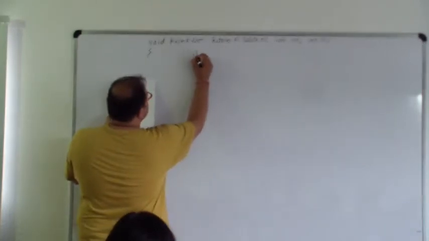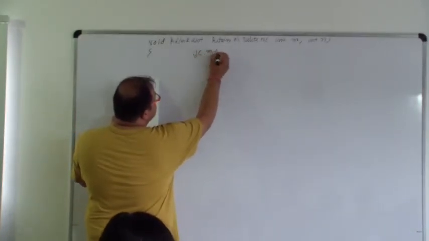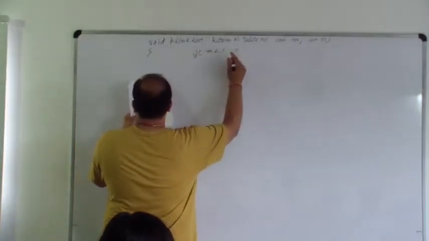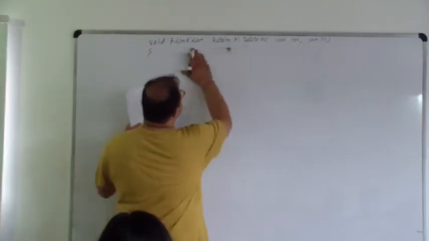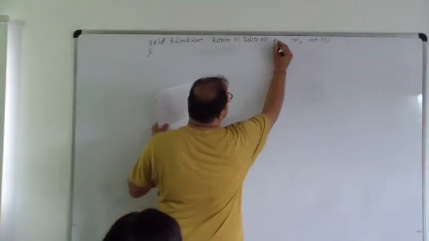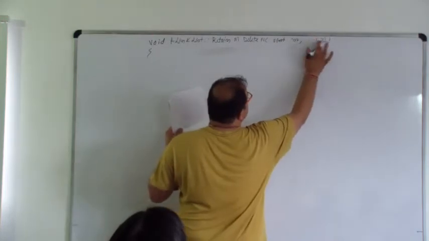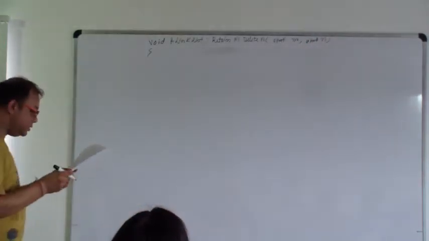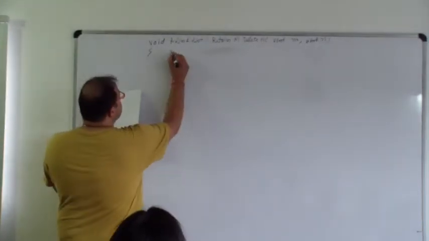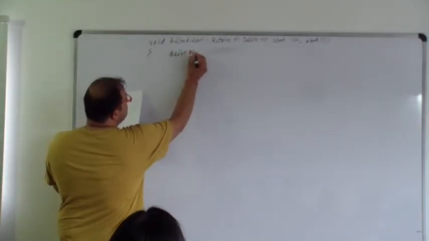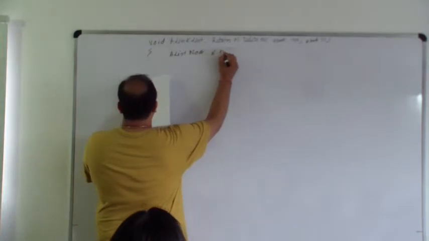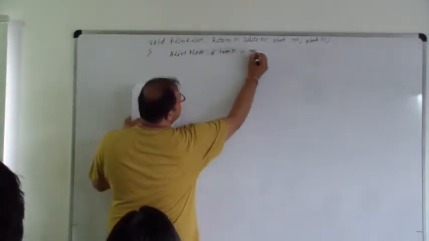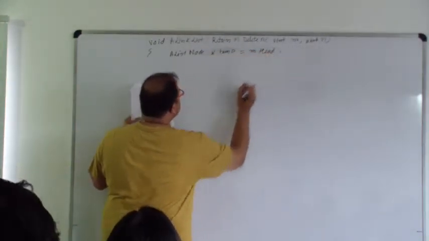Okay. If m is less than 1 or n... I should not even have to do that, I can just say unsigned int, so I just get the positive values. A list node star temp is equal to head.